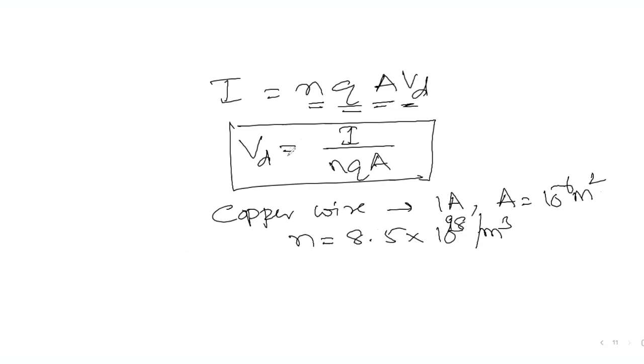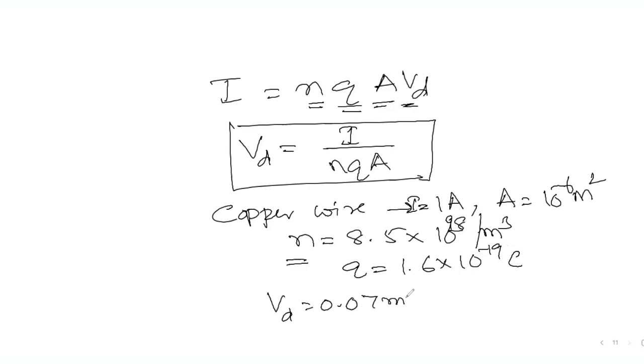If I substitute the values of I, n, q, A: I is 1 ampere, A is 10 power minus 6 square meters, and q is the charge of each charge carrier, the charge of an electron. If you substitute all these values, we get a drift velocity of 0.07 millimeters per second.